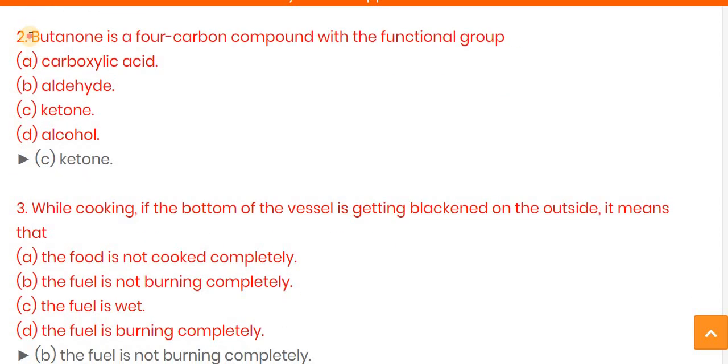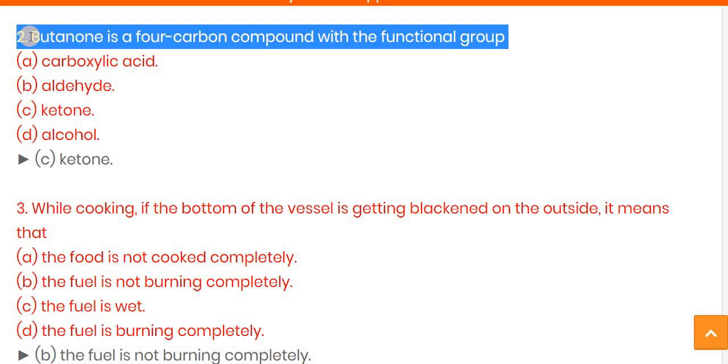Now the second question: butanone is a 4 carbon compound with the functional group... Here the suffix 'one' is used. As we know, the suffix 'one' is used when a ketone group is present in the compound, meaning a C double bond O group.